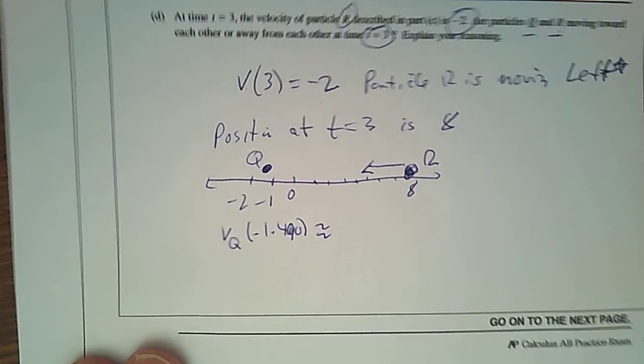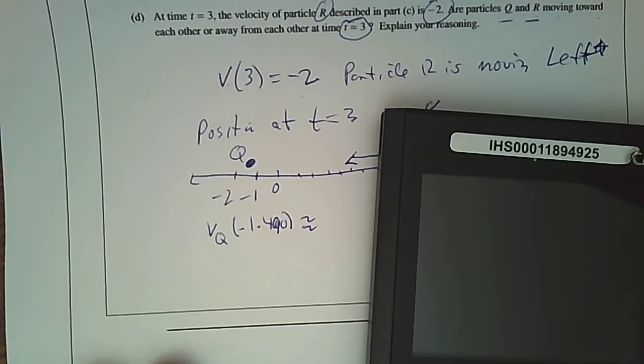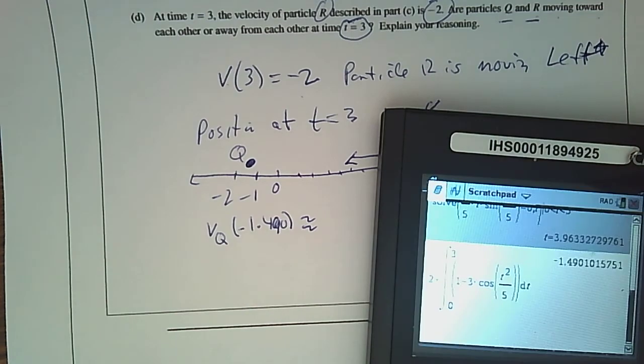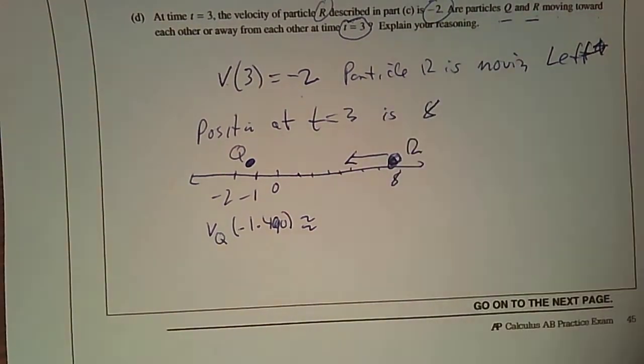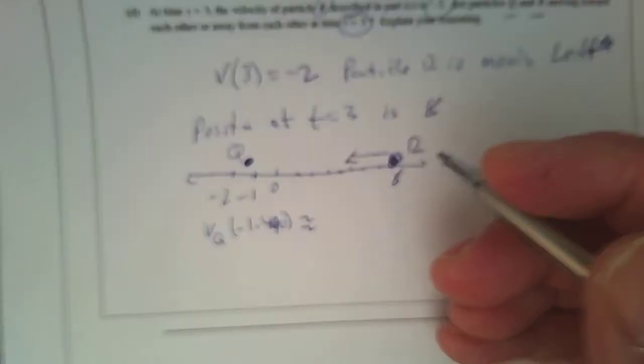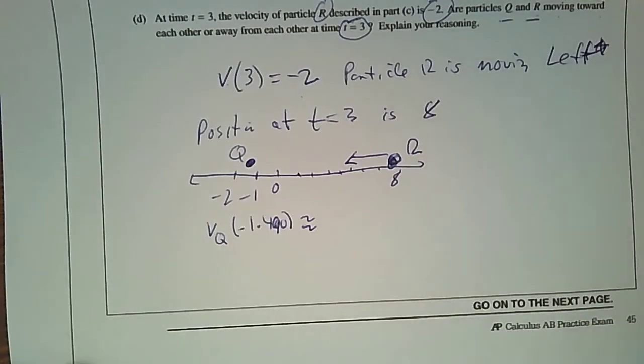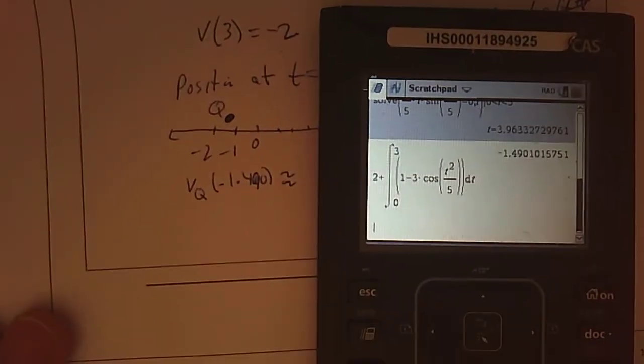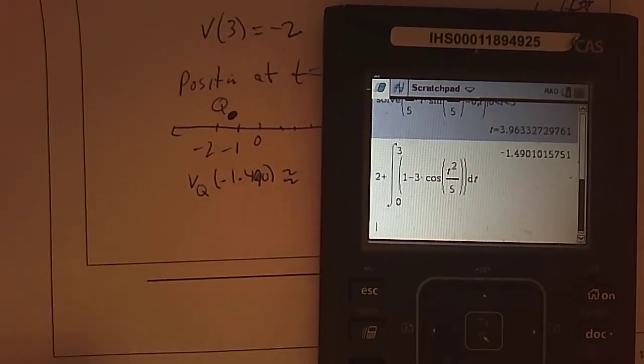So I need to know the velocity. I need to know what direction it's moving at that time. So if I go back, actually, we already know this. Right? No, I haven't done it yet because I did the acceleration for the last one. So let's just plug it in.